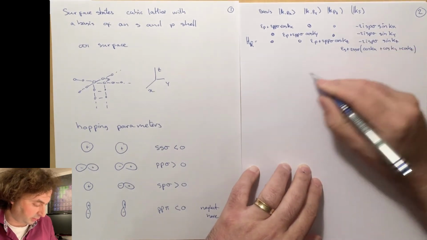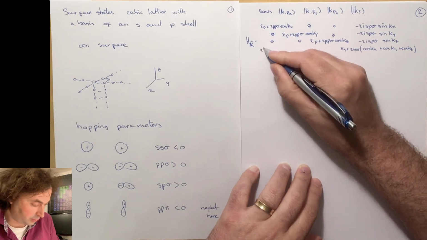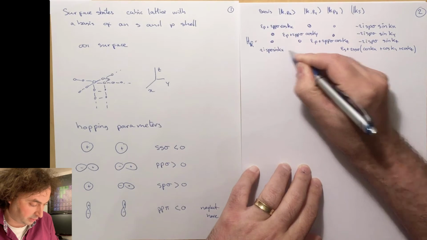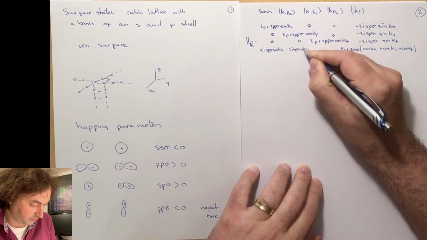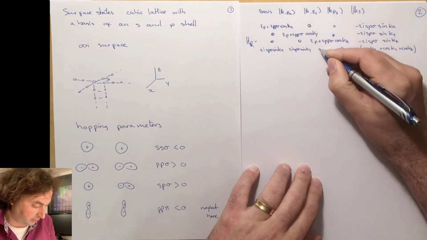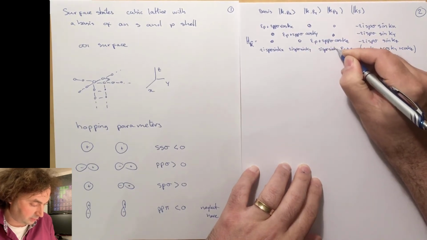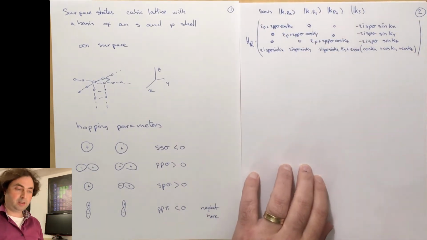And our Hamiltonian is Hermitian, so this is plus 2i sp sigma sine kx, 2i sp sigma sine ky, 2i sp sigma sine kz. And that is our Hamiltonian in k-space.